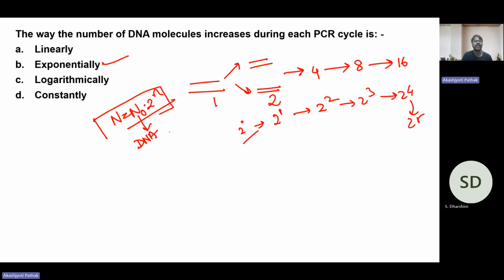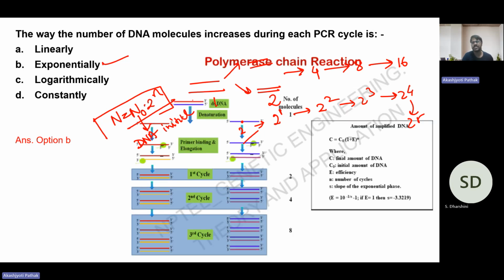There is another equation also. So you can use this formula: C equal to C naught (1 plus E) to the power n, where E is the efficiency of PCR amplification, n is the number of cycles, and the slope of the exponential phase also, but this is the simple formula.